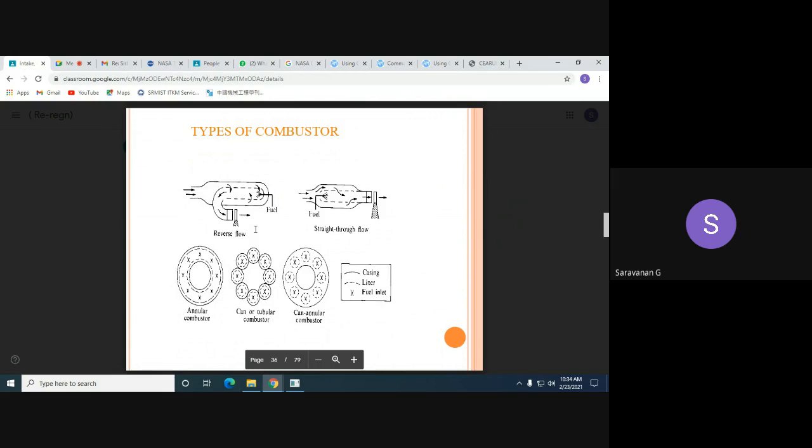If the fuel is in one direction and we allow the air to flow in the reverse direction, then it is called a reverse flow arrangement. Other than the flow stream, the arrangements such as can type, annular type, tubular or cannular have various classifications.